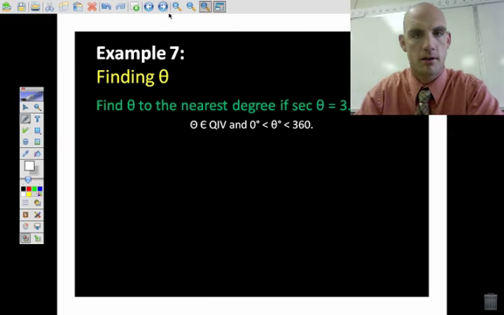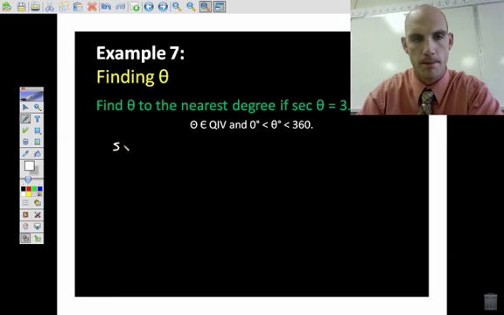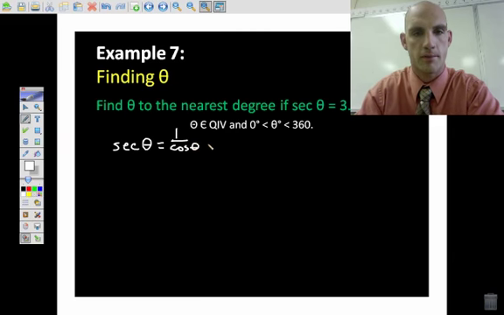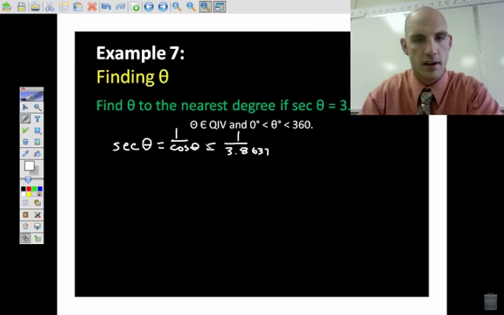Here's another example. It's a secant. Secant of theta is equal to one over cosine theta. So that's equal to 1 over 3.8637, because this is what we're going to convert this to.